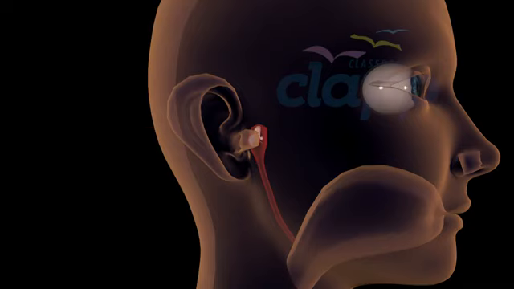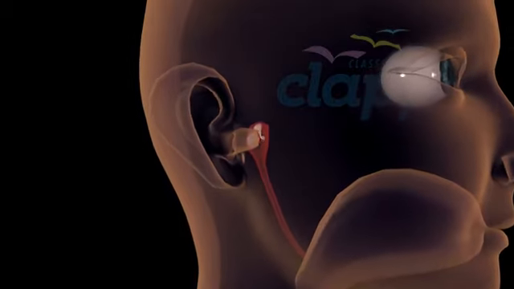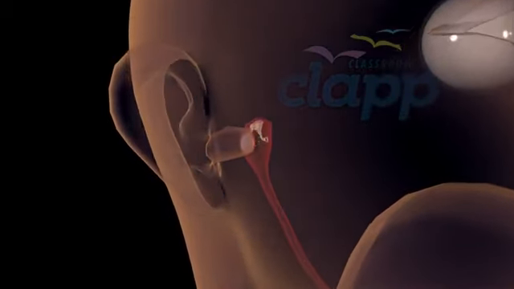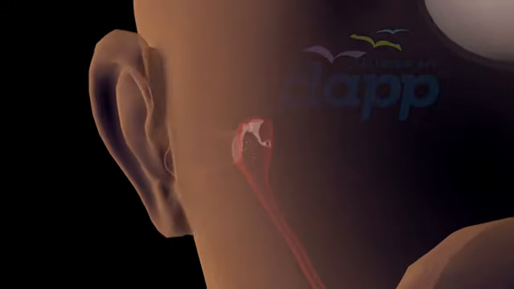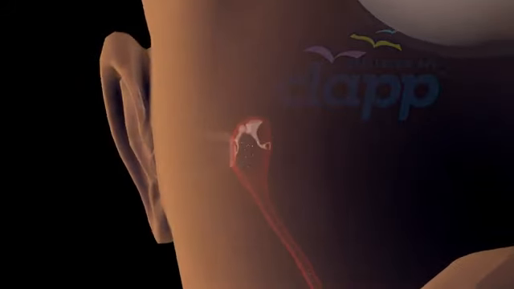Each human ear has one eustachian tube located in the middle ear cavity, and it plays a crucial role in maintaining proper air pressure between the middle ear and atmosphere. Normally, the pressure inside the middle ear should be the same as the pressure outside.